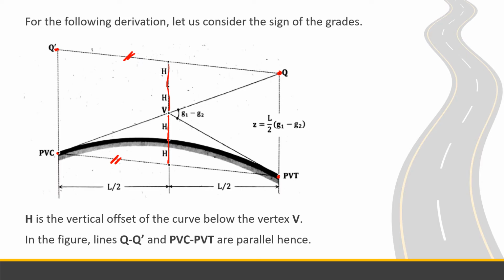So we can say that for H, 4H is equal to Z. Since it is parallel, this line and this line are all equal.